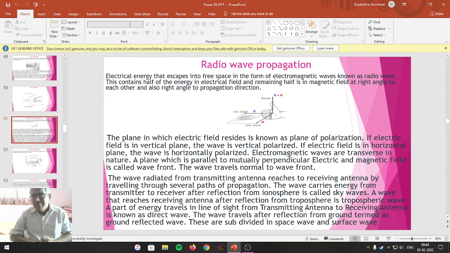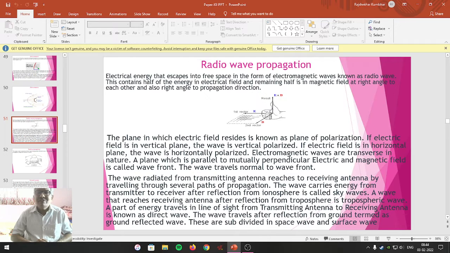Now, by knowing the meaning of radio wave, what exactly it contains, and why it is called radio wave propagation, how it is used to carry the radio frequency signal from the transmitting antenna towards the receiving antenna, we are going to study the types of radio waves which are used to carry the signal. Those several paths of propagation are called types of radio waves.